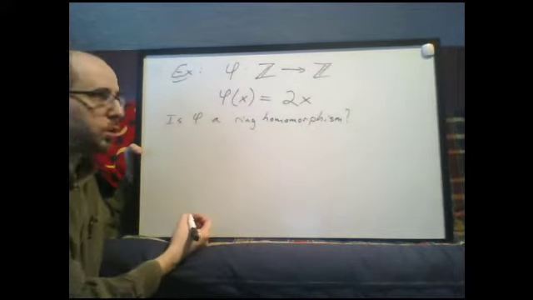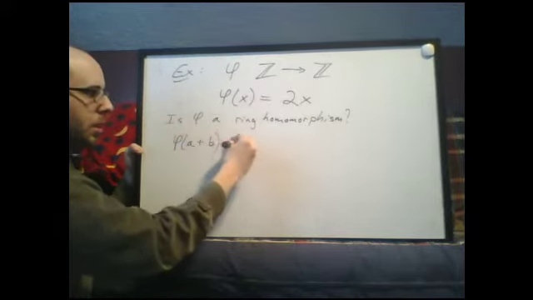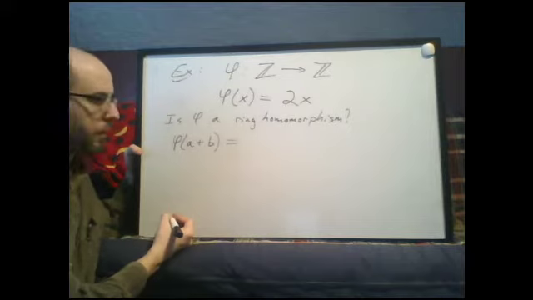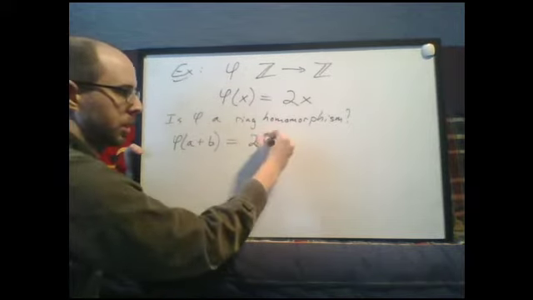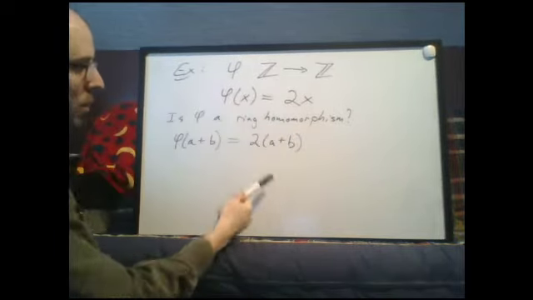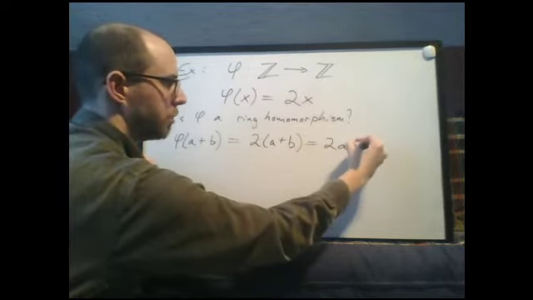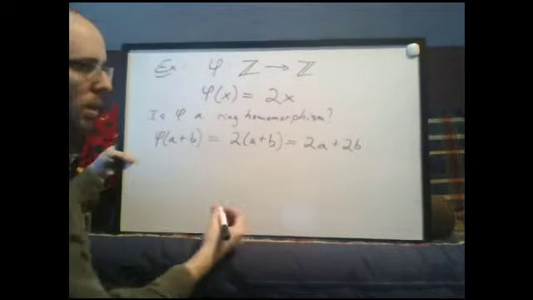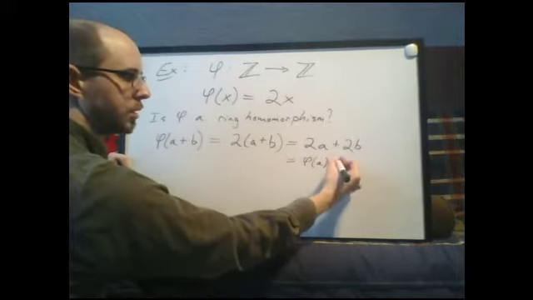Well, we check two things. We look at phi of a plus b. Phi of a plus b would be 2 times (a plus b), because phi just multiplies the input by 2. And then I can distribute the 2 as 2a plus 2b. And 2a plus 2b is phi of a plus phi of b.